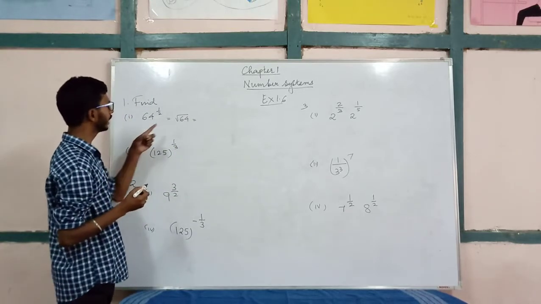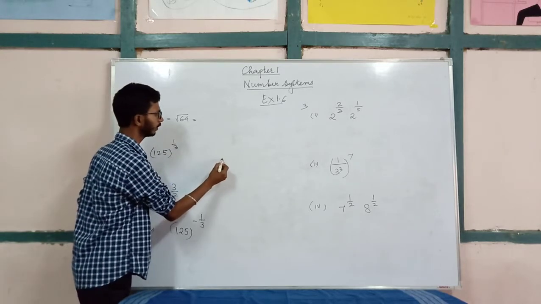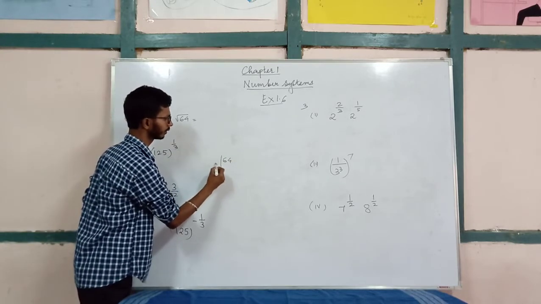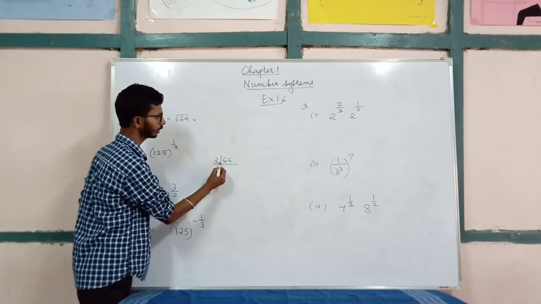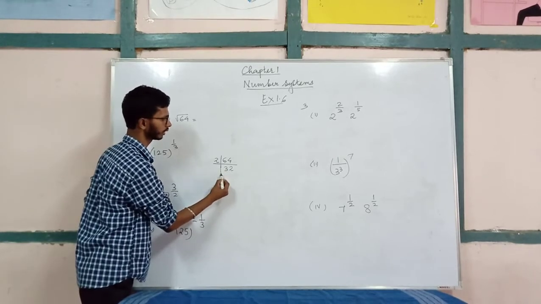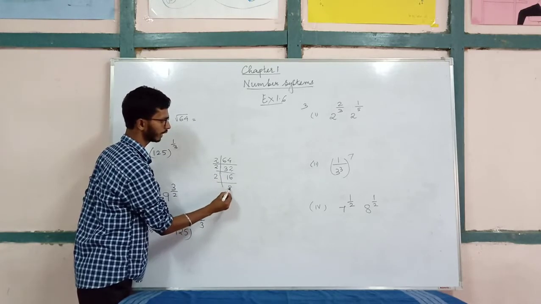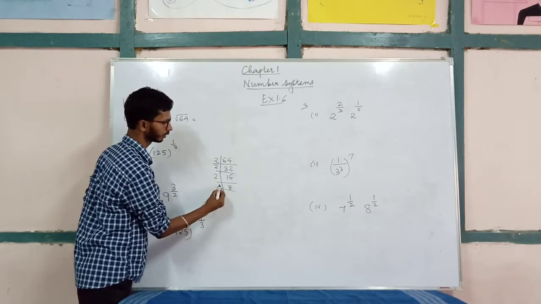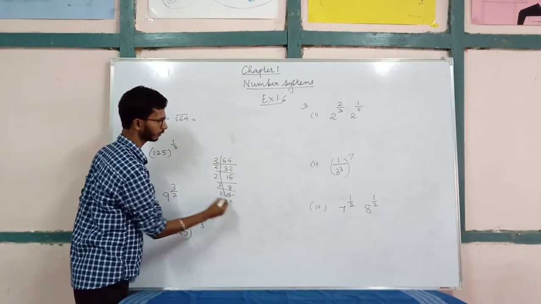For that we have to factorize 64. As the unit place is 4, we can start with 2. 2 3s are 6, 2 2s are 4. Then again 2 16s are 32, 2 8s are 16, 2 4s are 8, and 2 2s are 4.